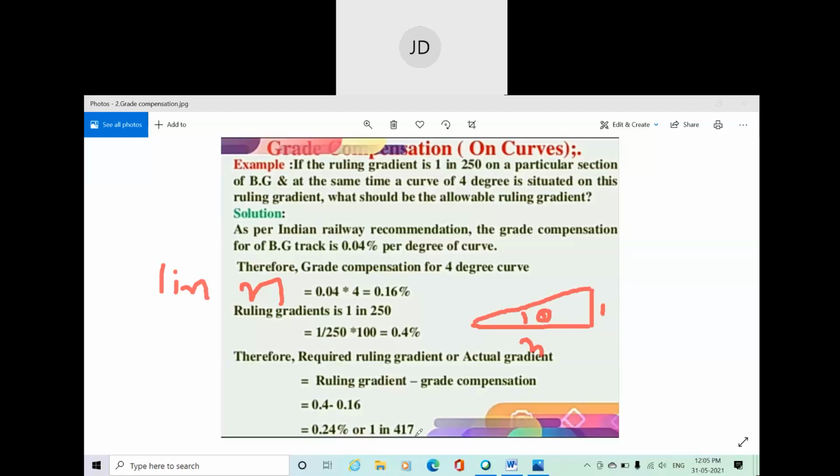Here the result is 1 in 417, so n is 417, and for each 417 of horizontal run, we provide 1. This is a representation of gradient. If you convert this 0.24 percent, 0.24 divided by 100, or 1 divided by 417, you get the same thing. So this is the representation of gradient only.